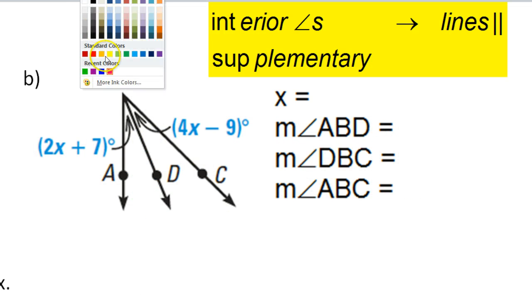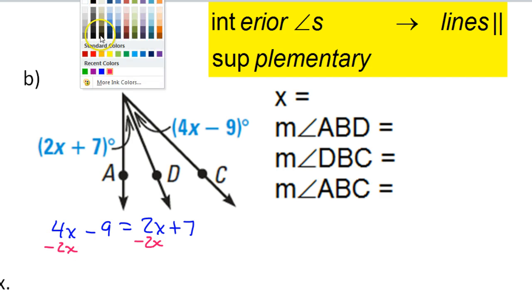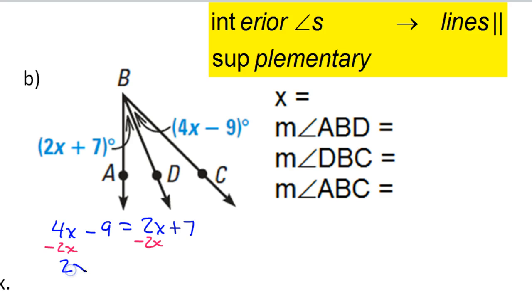Okay, part B over here is the same thing. These should be two congruent halves. So that means that 4x minus 9 should equal 2x plus 7. Subtracting 2x from both sides is going to give us 2x minus 9 is equal to 7.